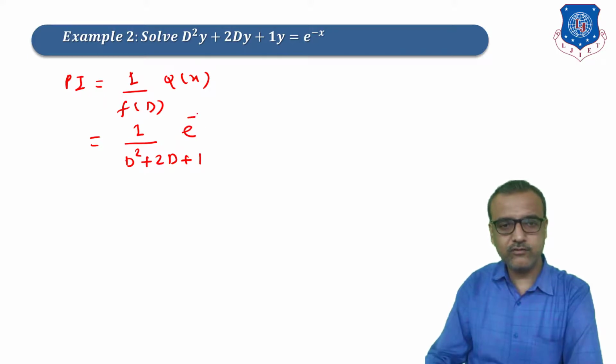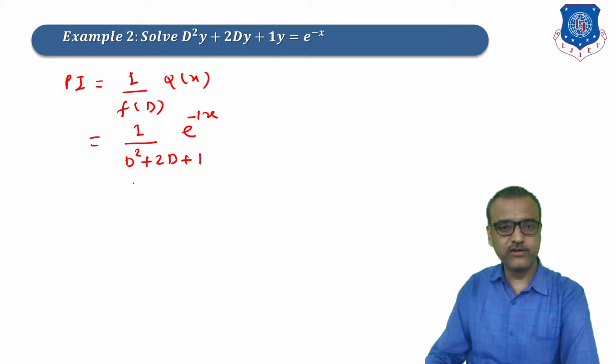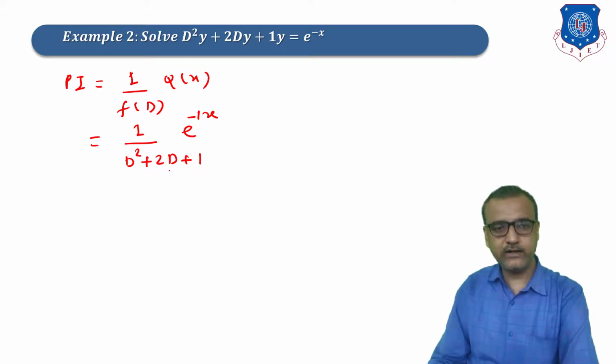Here the coefficient of x is minus 1, and if you replace D by minus 1, you will get minus 1 square, that is 1, and 1 plus 1 is 2, and if you replace D by minus 1 over here, you will get minus 2, and minus 2 plus 2 is 0. So we cannot directly put down the value of D equals to minus 1 in this case.